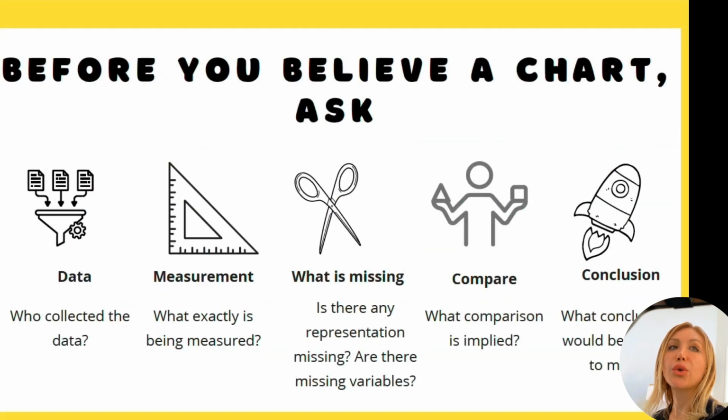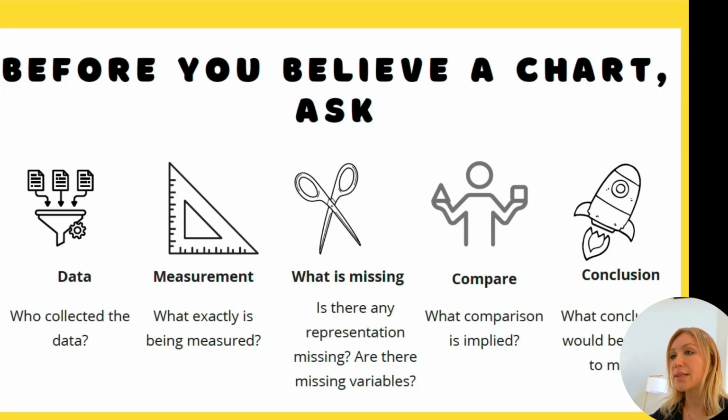Okay, so before we believe any chart, I wanted to ask these questions, okay? Especially about inequality or some sensitive societal issues. It's tempting to just jump straight into the conclusion. Here's a simple framework, okay?